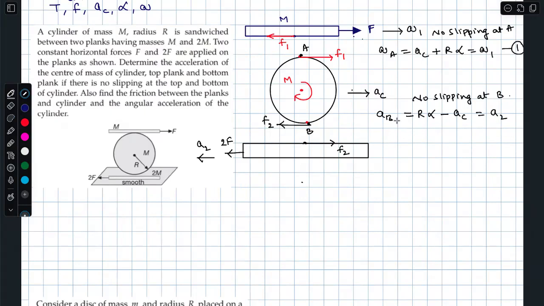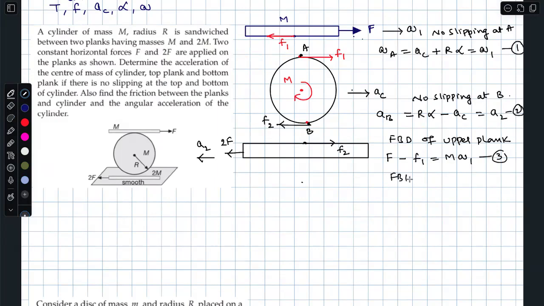Right. Now, one more important point that one should note here is the free body diagrams of the planks. So FBD of upper plank: F minus F1 is equal to MA1, equation 3, because this is equation 2.